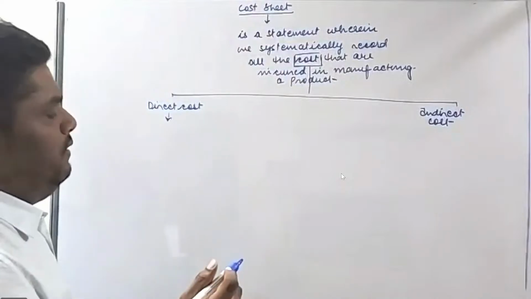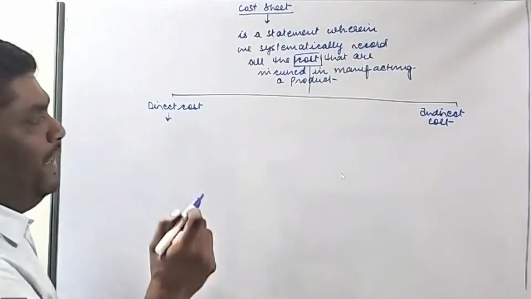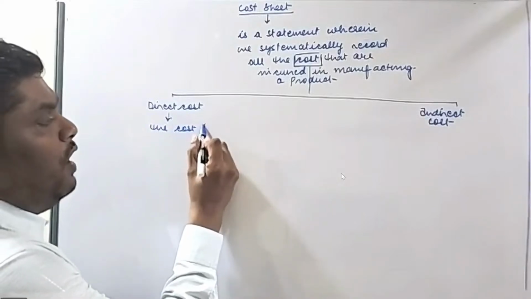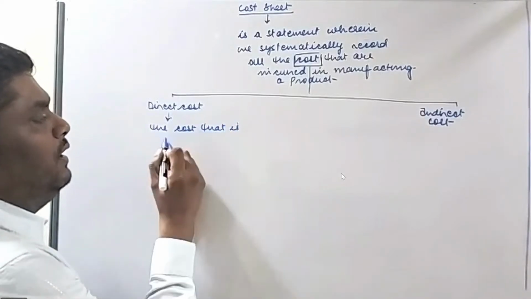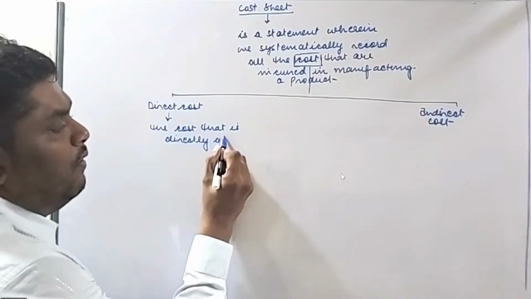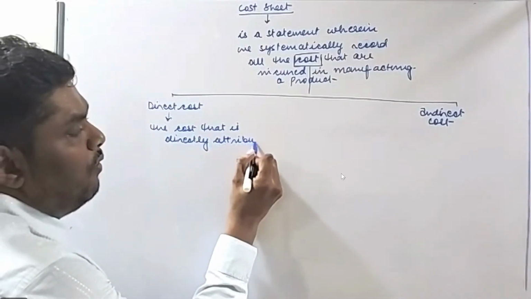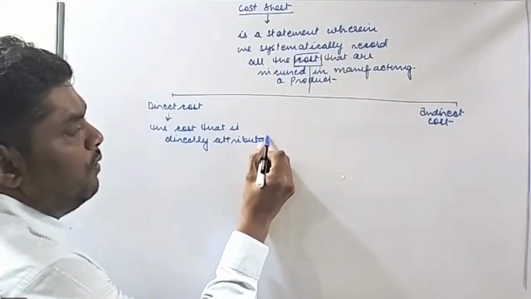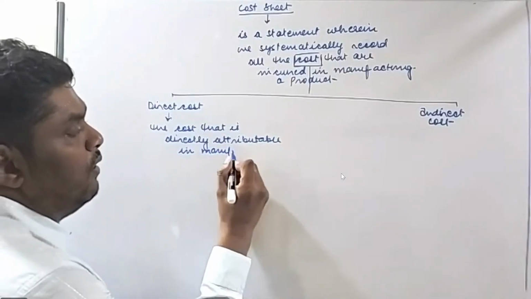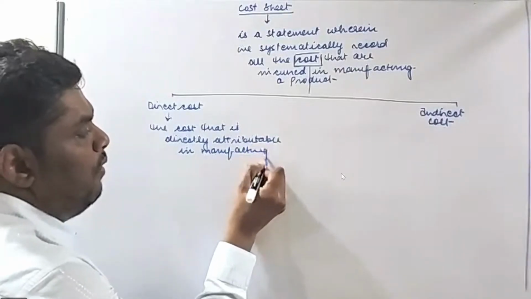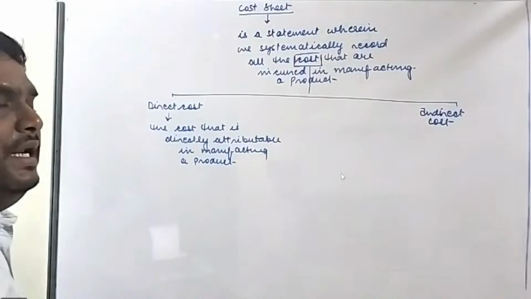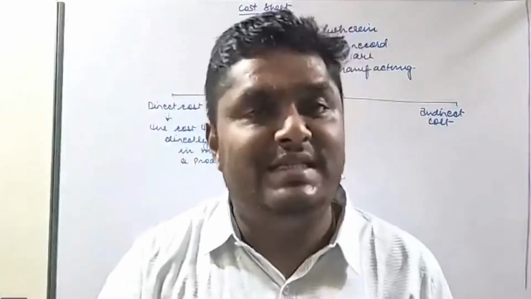So when talking about direct cost, the cost that is directly attributable in manufacturing a product is direct cost.